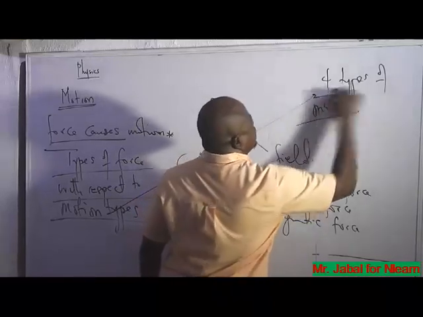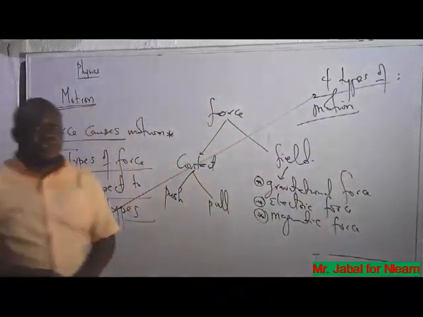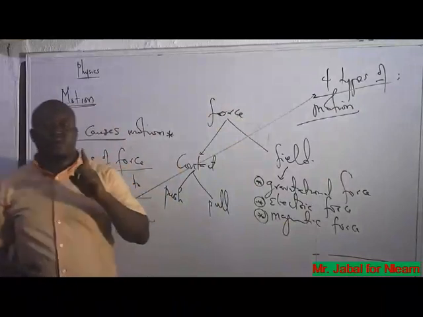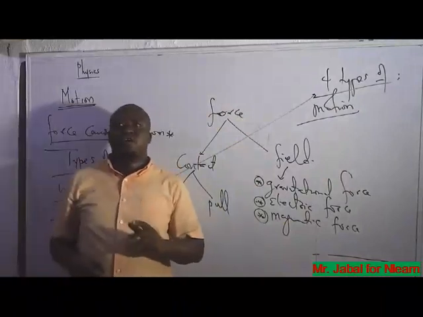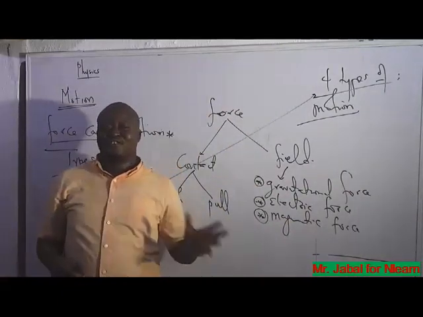So the 4 types of motion we have: 1. We have what we call translational motion.